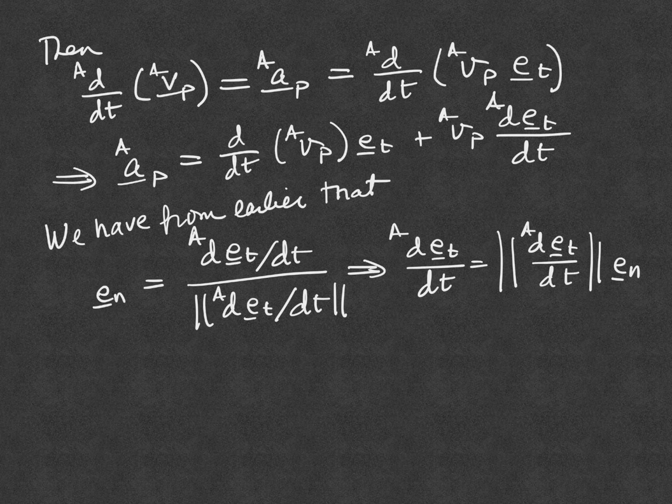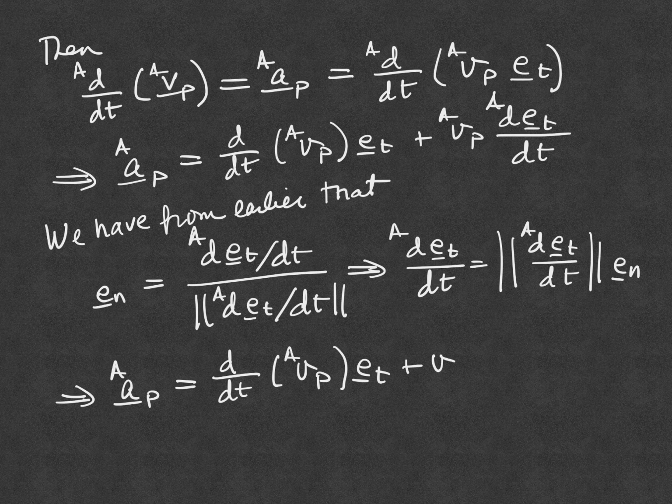So I can substitute that expression up above to get the acceleration, which gives me the acceleration of p in A is equal to the rate of change of the speed in A times the tangent vector plus the speed in A times the magnitude of the rate of change of the tangent vector times the principal unit normal. And you can see that the acceleration, because I'm writing this in intrinsic coordinates relative to frame A, doesn't have a binormal component. It only has a component in the ET and the EN directions.